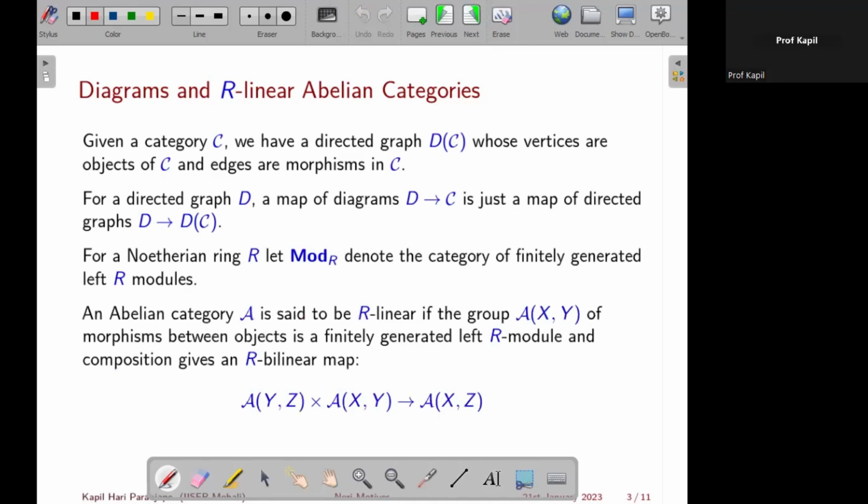And an abelian category is said to be R-linear if the group of morphisms between objects is a finitely generated left R-module, and composition gives you an R-bilinear map. Okay, so that's what we say, R-linear abelian category. In general, we would like something more about R-linear categories, which we'll come to maybe at a later point.